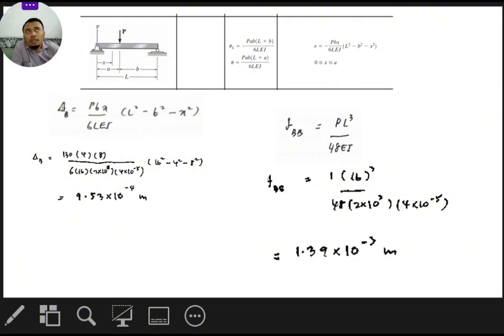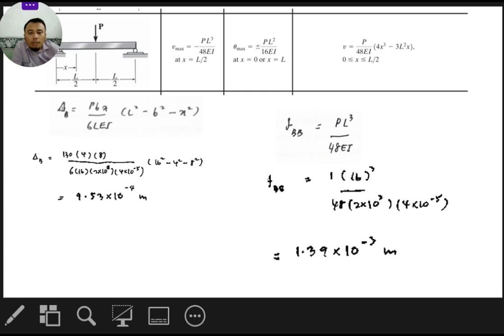So basically this coefficient translates By into delta prime BB. So we put one magnitude, which is just one value, and this is unitless. So L is 16, and then your E, your I. So your value of FBB is 1.39 times 10 to the power of negative 3.